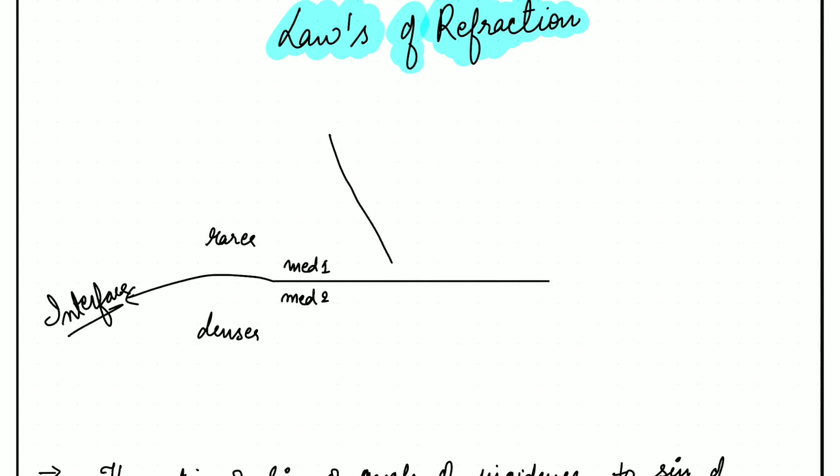So let's say you have an incident ray here, incident at point A. The moment you make the incident ray, the next step is to make the normal. This is your angle of incidence.